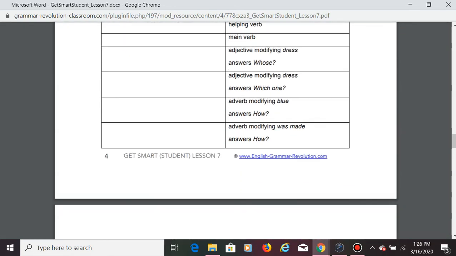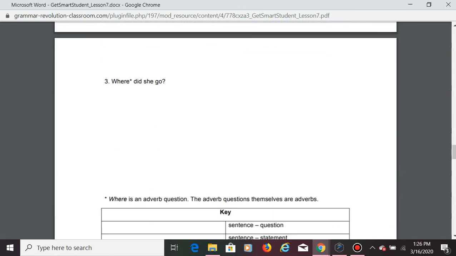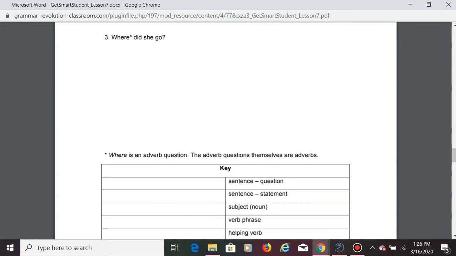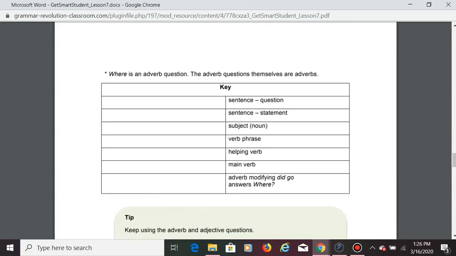Good. Now, come to question number 3. Where did she go? Now, if you see right here, this little star, it says, where is an adverb question.